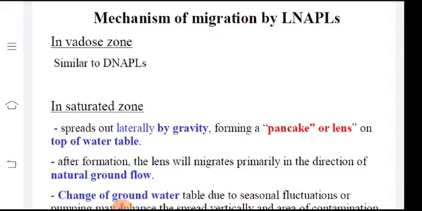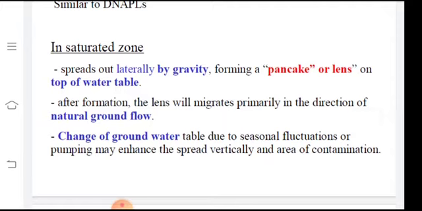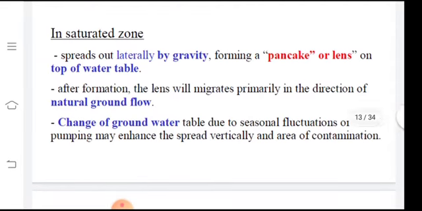It will simply settle down along with the gravity, and at the same time in the saturated zone it spreads out laterally by the gravity, forming a pancake or lens on top of the water table.